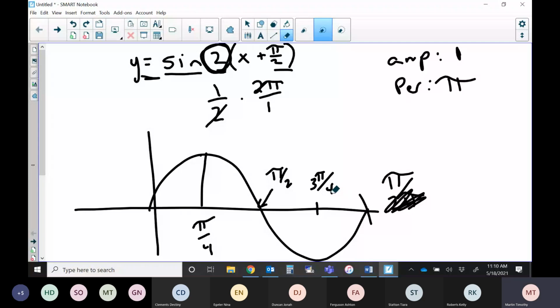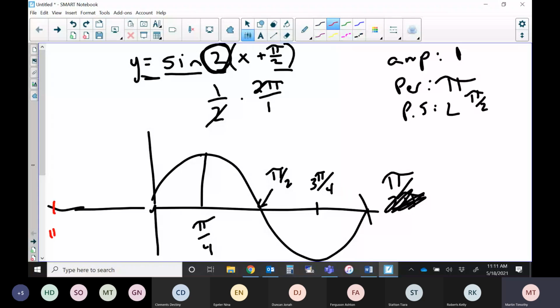Now what's going to happen here is all these points are going to be shifted because I have a phase shift. They're all going to be shifted to the left pi over 2. So that means that this right here is now going to be back here at negative pi over 2.